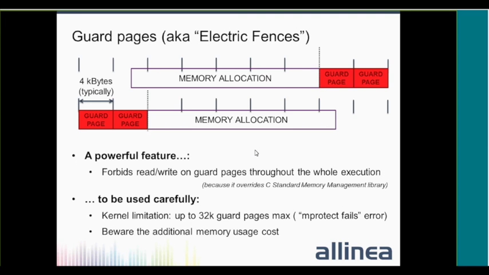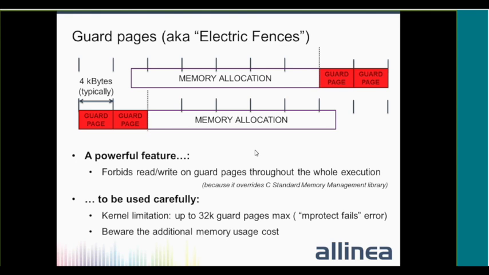Now, one of the common questions that I see very often is, why can't we have guard pages before and after a memory allocation? And this is what you can see with this picture here. The guard pages are always aligned with the pages in your memory. And this does not necessarily ensure that the memory allocation itself will be aligned with the memory.